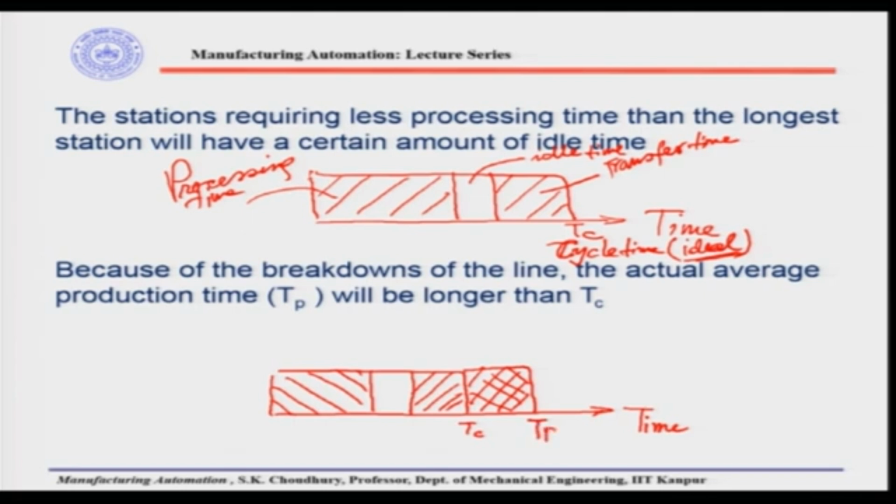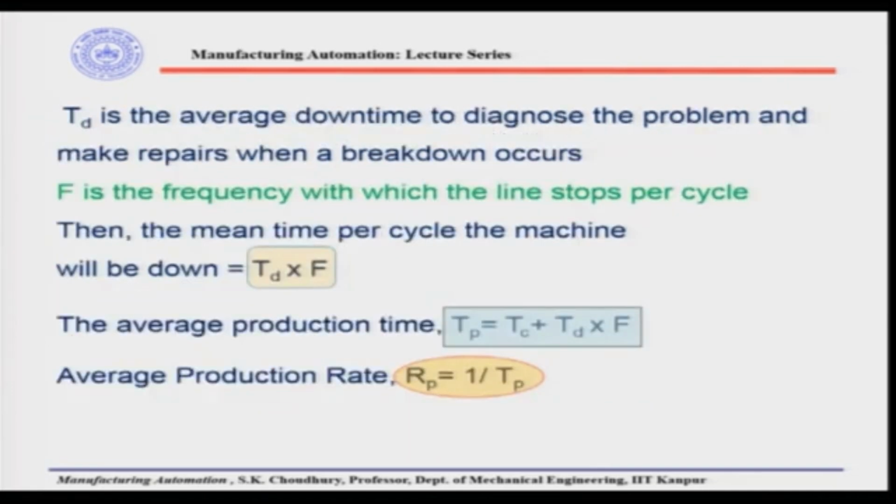So, this Tp we will say is the actual average production time. The actual average production time will be more than the ideal cycle time by the time it takes for taking care of the line breakdown. Now, let us say Td is the average downtime to diagnose the problem and make repairs when a breakdown occurs.